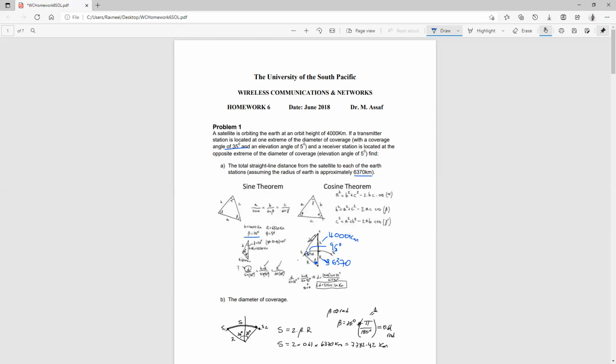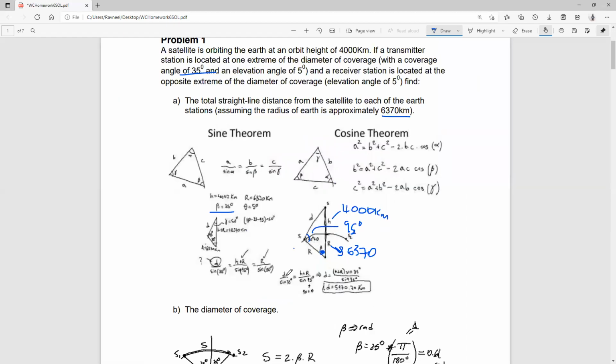Using the sine rule for these two sides and these two angles, that will be d upon sine of the opposite angle, that is d upon sine beta, or sine 35 degrees. I'm not sure if you can see this.